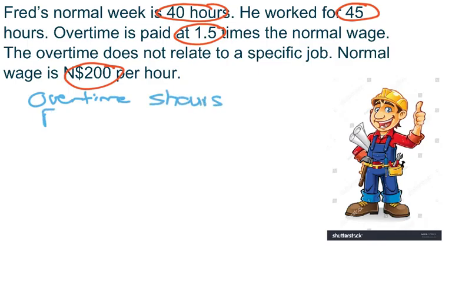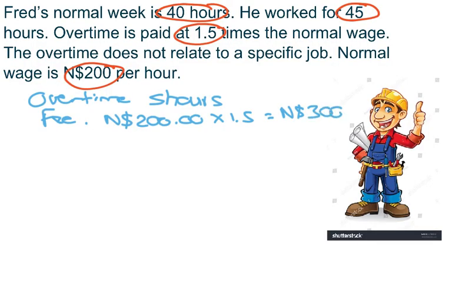And my rate for overtime is then 200 Namibian dollars times 1.5 equals 300. All right. So in other words, Fred received 5 times 300 equals 1,500 in total for overtime.